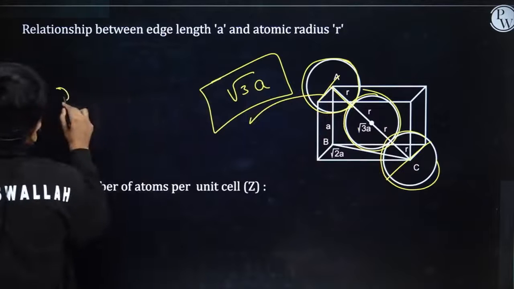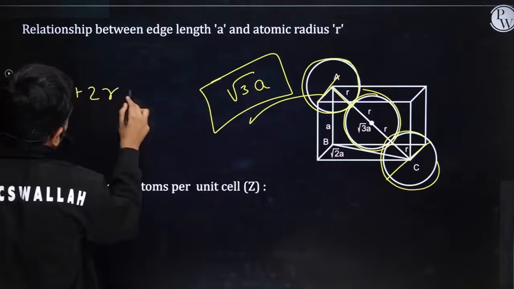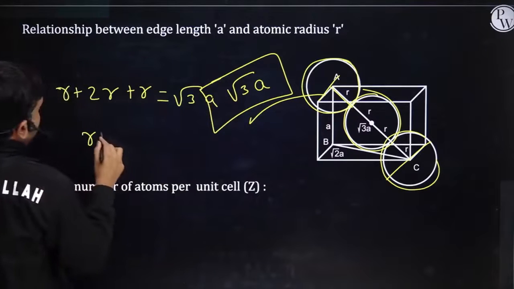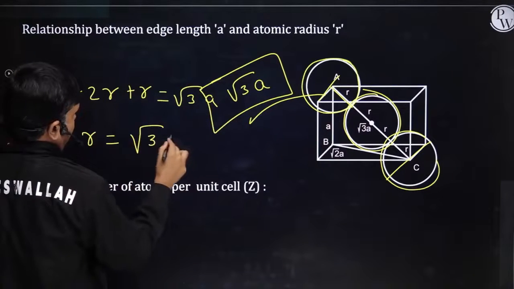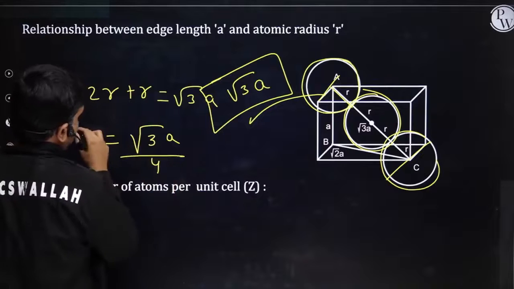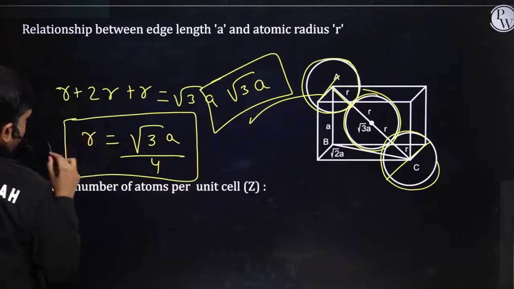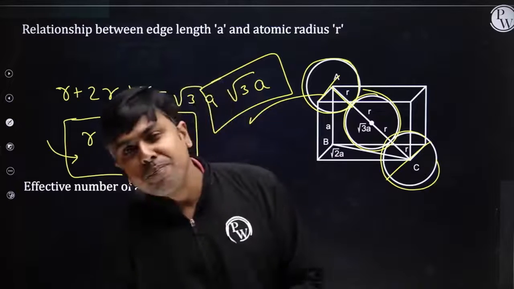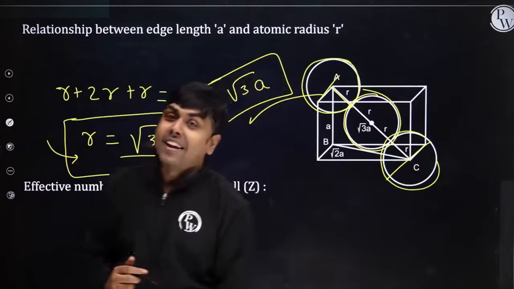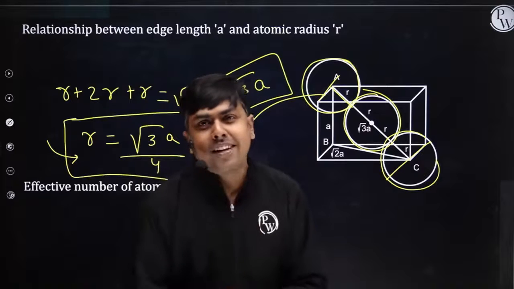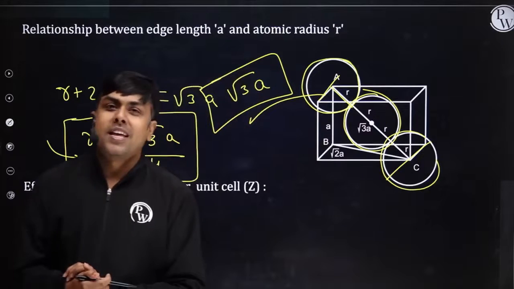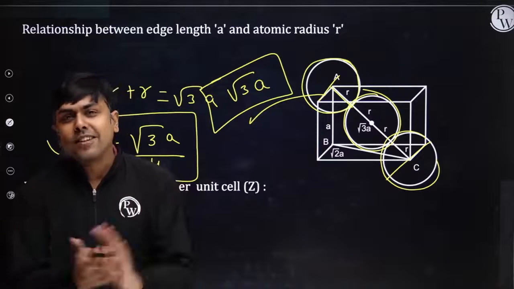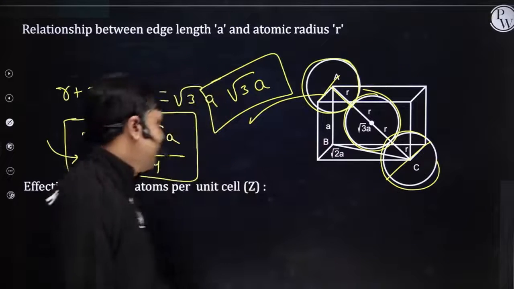So can I say r plus 2r plus r will be equal to root 3a. So what's the value of r? It's root 3a upon 4. Am I clear, students? So the relation between the radius and the edge length in case of BCC is r equals root 3a by 4. r is the radius of the atom. a is the edge length of the unit cell.